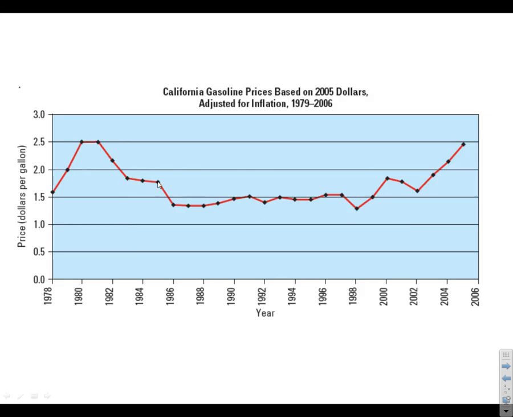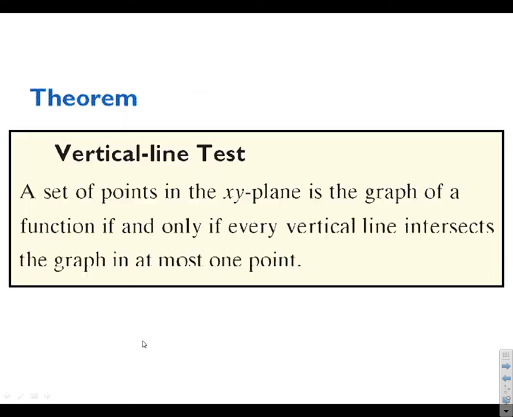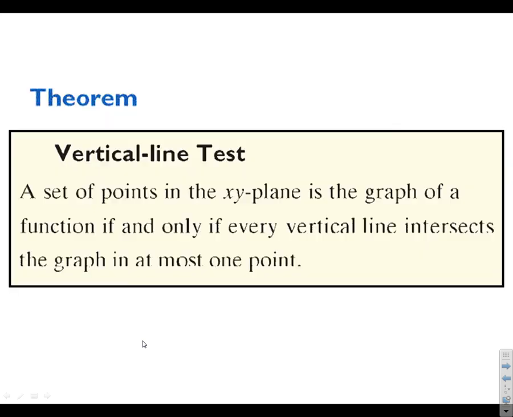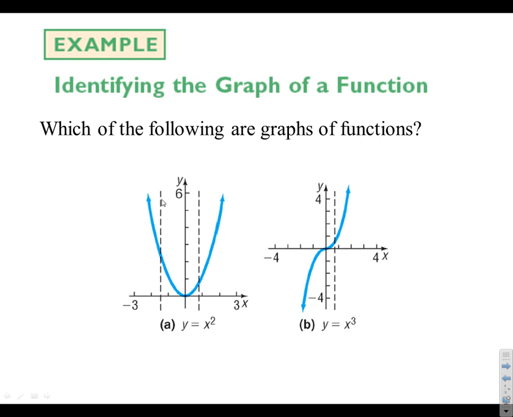If we move along here, this is going to be a function because it follows one very specific rule, which is the vertical line test. Objective 1, identify the graph of a function. A function exists if it passes the vertical line test. What that means is if you took your pencil and laid it down vertically, that pencil could only touch one point on the graph at any given time.